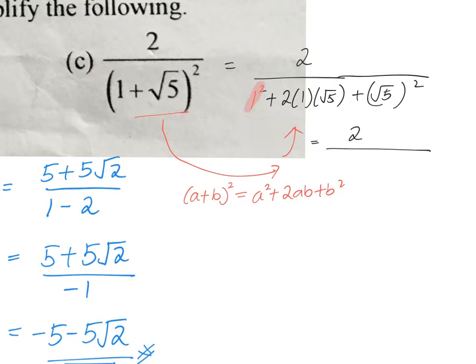Combining 1 and 5 gives you 6, and 2 times 1 times square root 5 gives you 2 square root 5.